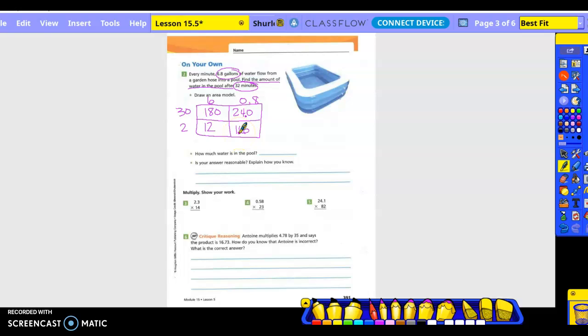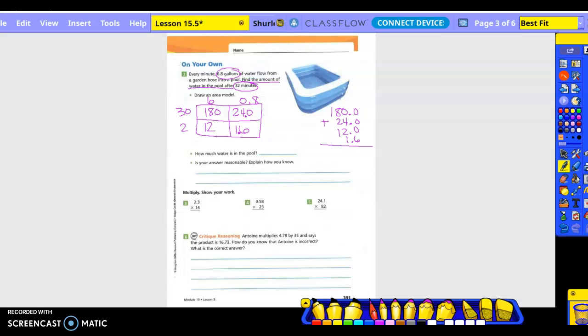Okay. Now what am I going to do? I'm going to add all of my things together. So I'm going to add 180 plus 24.0, and I'm going to use a decimal here to keep my stuff in line, right, guys? Plus 12 plus 1.6. So I need to add a 0 to all of these to keep everything in line, right?